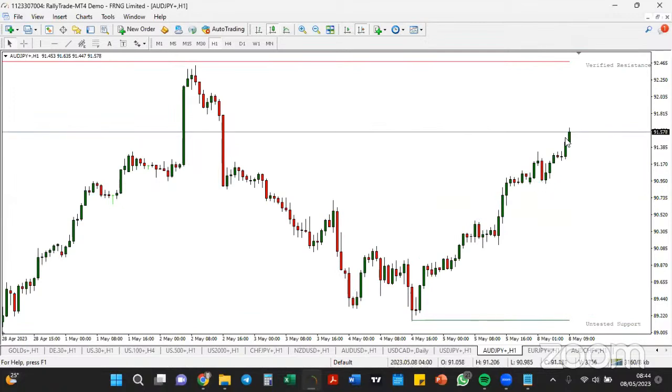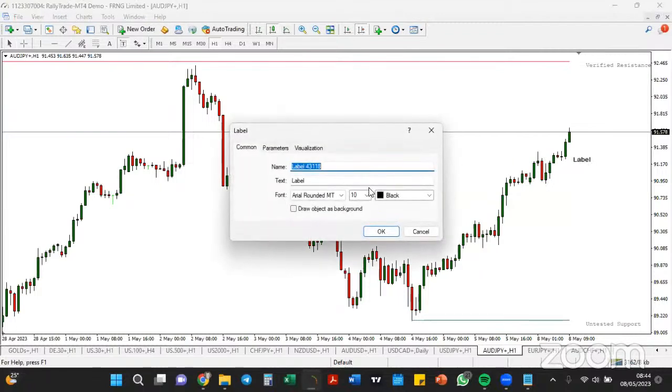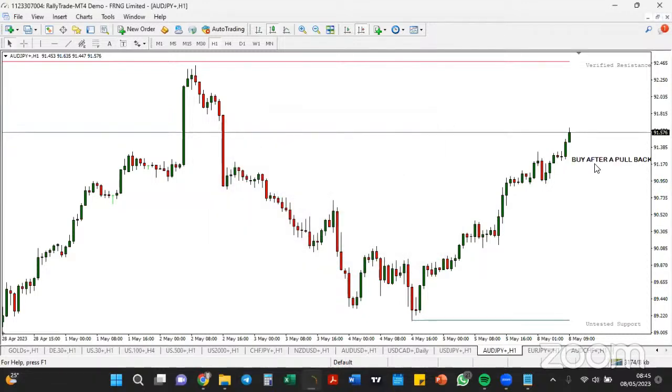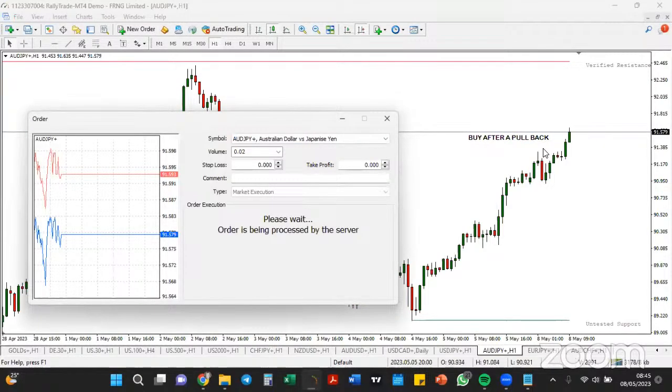So here we've seen the first pullback on AUD/JPY now. One reason to buy, because price is clearly pushing in an uptrend. If we want to be more conservative, we buy after a pullback. Or if you have a good account, the more the merrier, you can enter an instant buy.